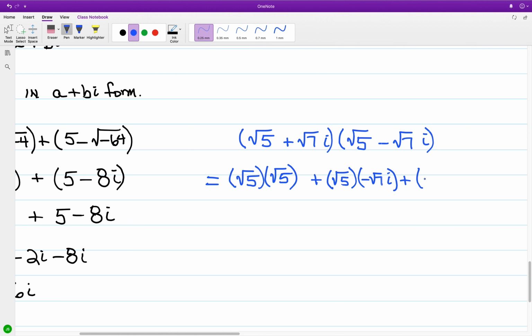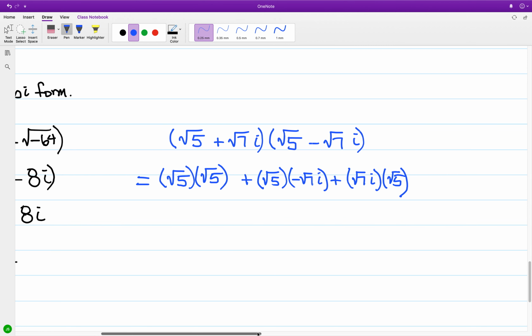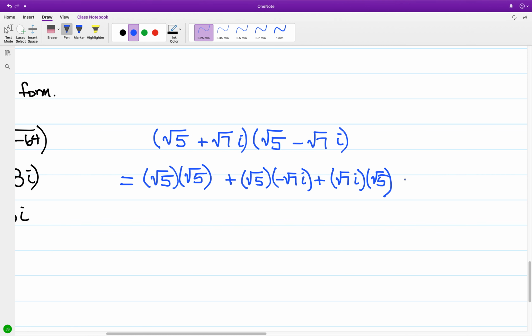And then for the inside product, we have the square root of 7 i times the square root of 5. And for the last of the products, we have the square root of 7 i times the negative of the square root of 7 times i.